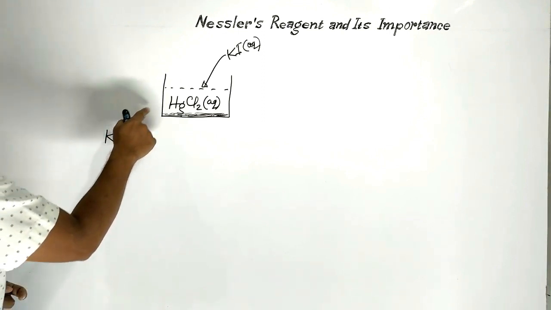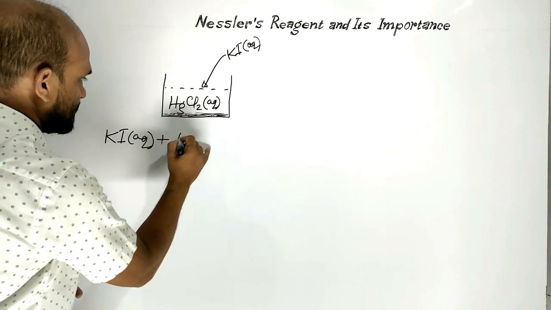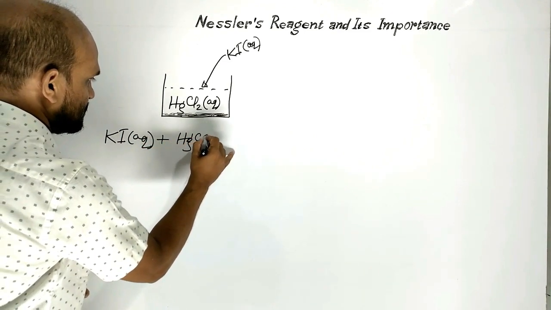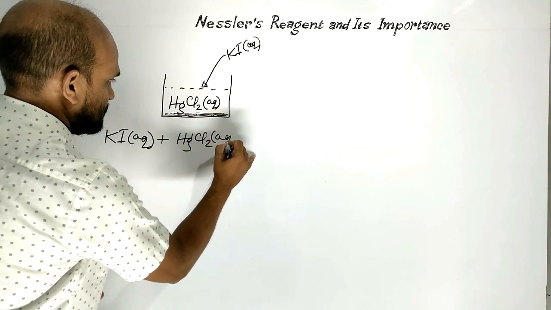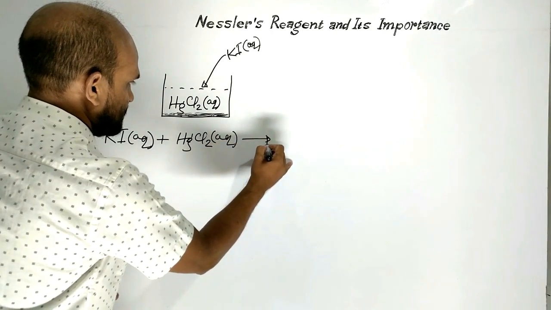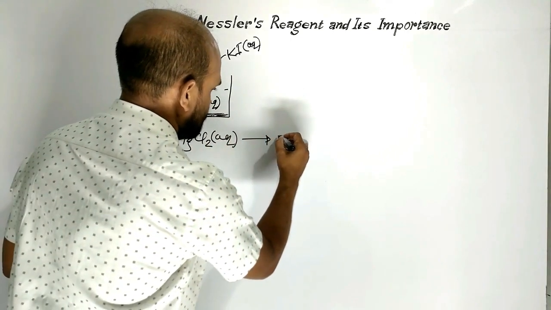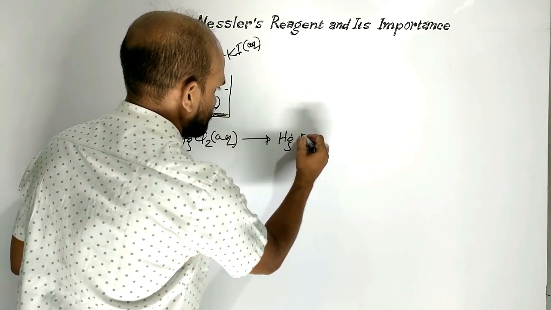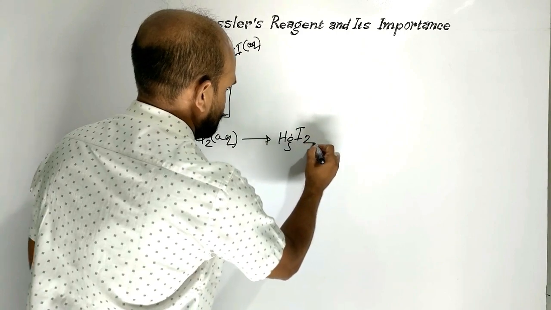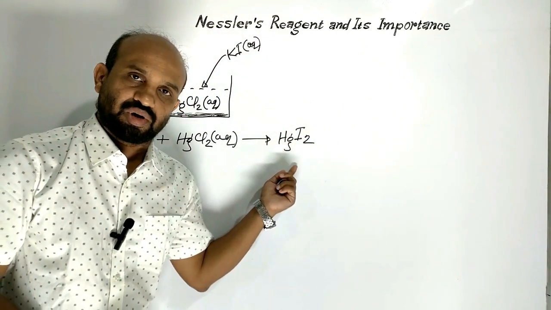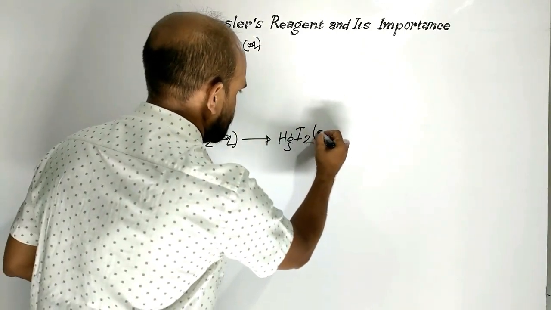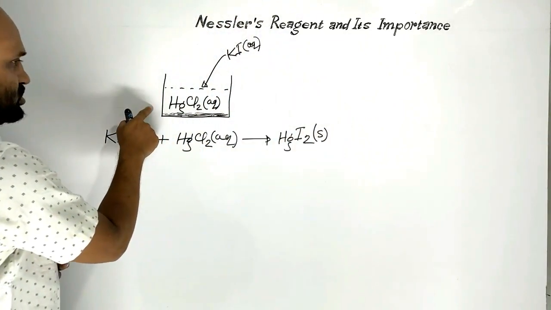Potassium iodide reacts with mercury 2 chloride and as a result this precipitate is formed: a precipitate of mercury 2 iodide, which is insoluble in the solution.